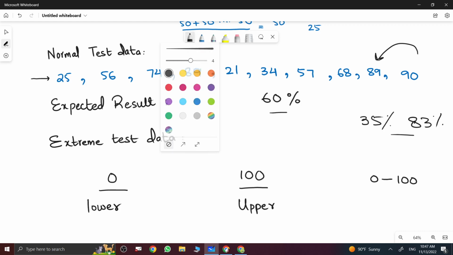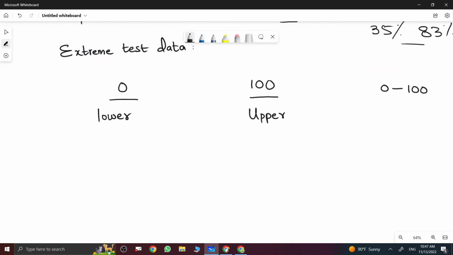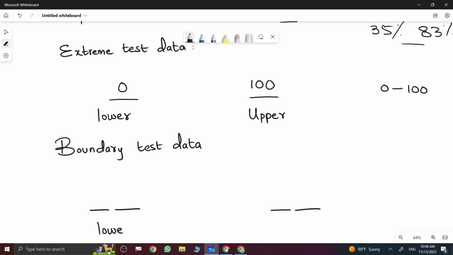Now quickly moving towards the third type of data for this example, that is the boundary test data. In the boundary test data, remember that you will be having two pairs, one at each end of your range. So this is the lower limit, and this is going to be the upper limit.